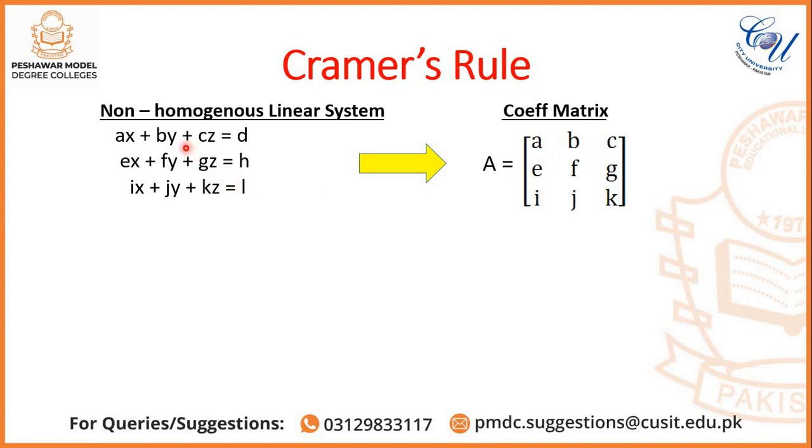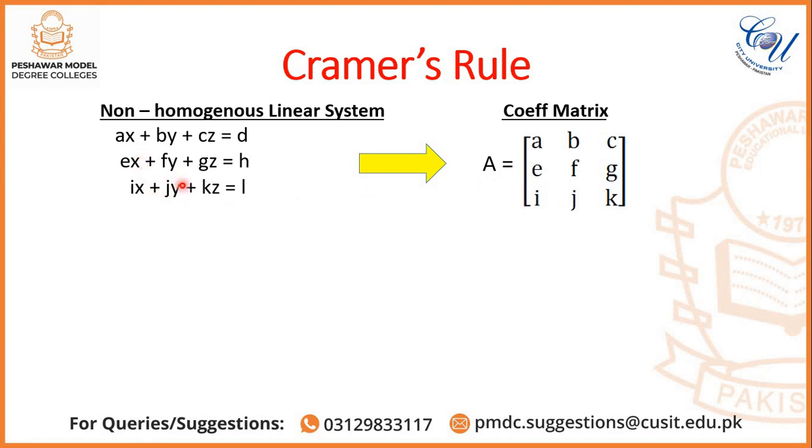Now the coefficients of the y variable are b, f and j. So in the second column we have written the coefficients of the y variable, that is b, f and j. The coefficients of the z variable are c, g and k. So in the third column we have written the coefficients of the z variable, that is c, g and k. So this is the coefficient matrix of this linear system, and we call this matrix the A matrix.